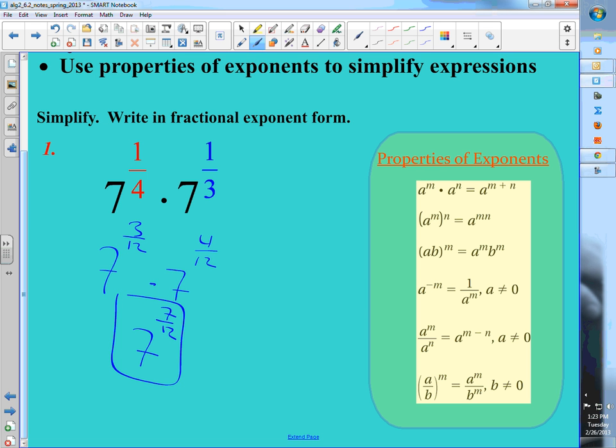Again, one of the weaknesses, we know they're weaknesses, but we know that this has to have the same denominators. Is there anything you can do with 7 over 12 in terms of reducing? No. So we leave it like that.